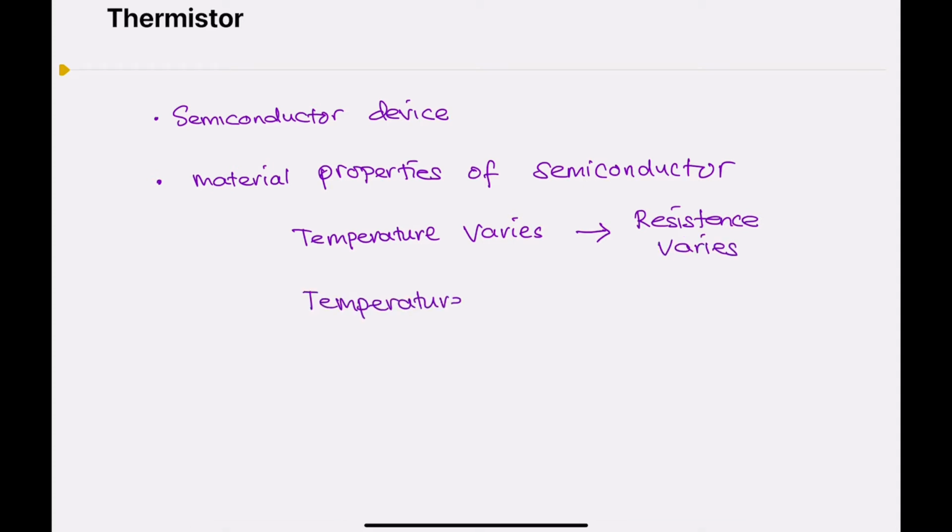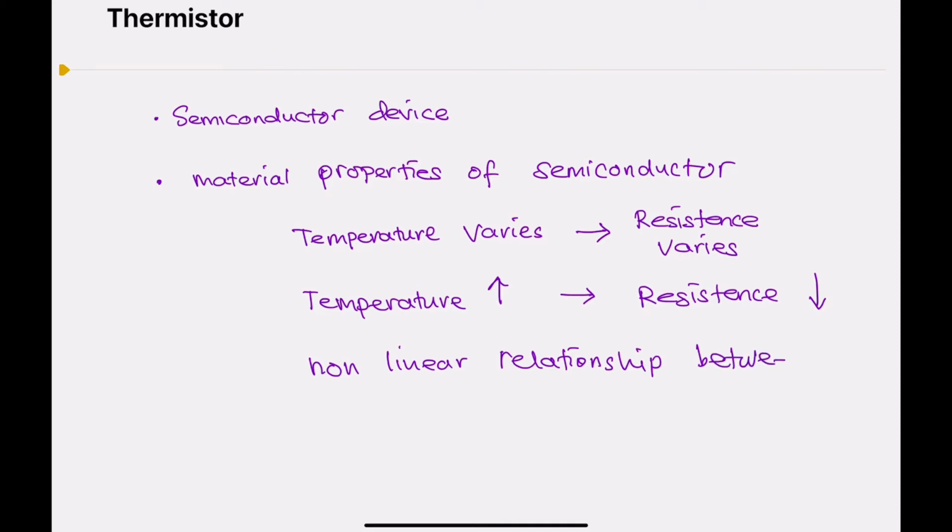In thermistor, it is found that when the temperature increases, the resistance in the thermistor decreases. Therefore, we can say that the thermistor exhibits a nonlinear relationship between temperature and resistance.